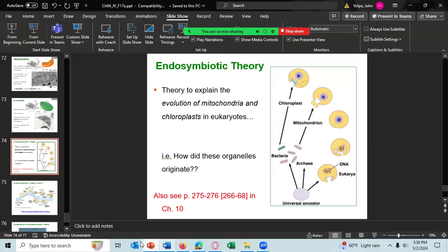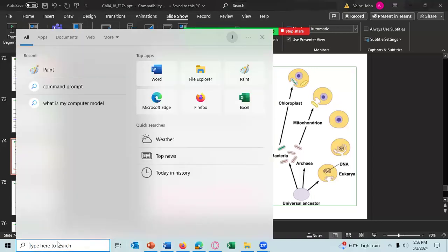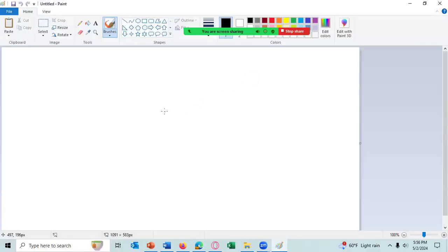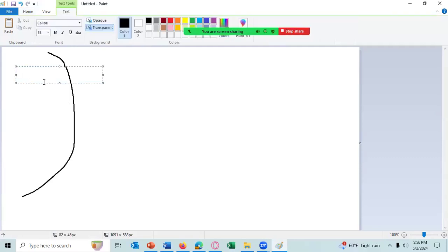Well, it's thought, let me bring up paint here. It is thought that in the evolution of eukaryote cells, a long time ago, before we had true eukaryotes, we had a proto-eukaryote, which was a very large cell. I'm just going to write PE to mean proto-eukaryote.